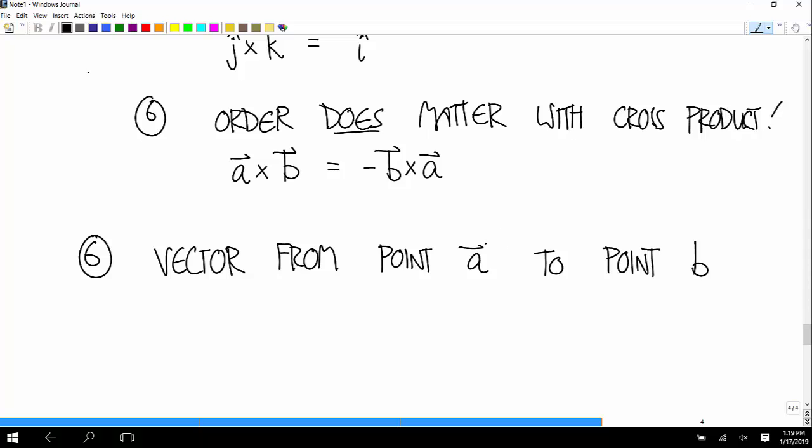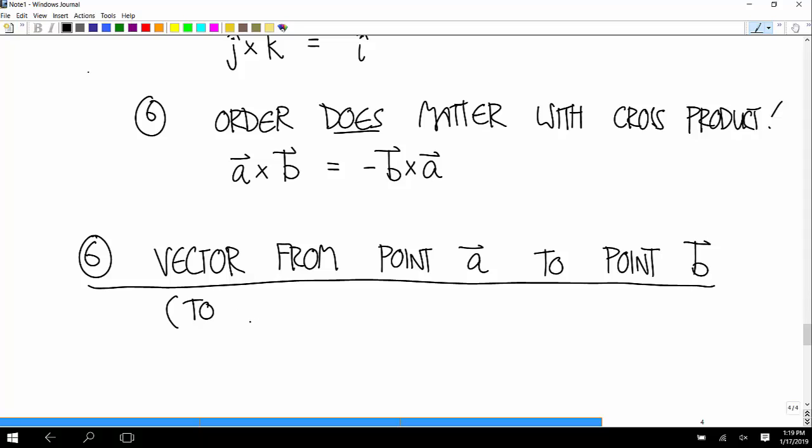They're vectors from the origin to that location. So I'm going to represent those as vectors. A lot of times, instead of saying from A to B, I'll say to B from A. So that means the same thing.